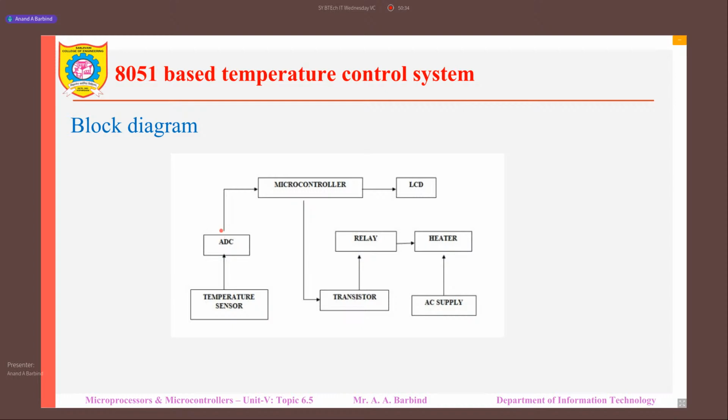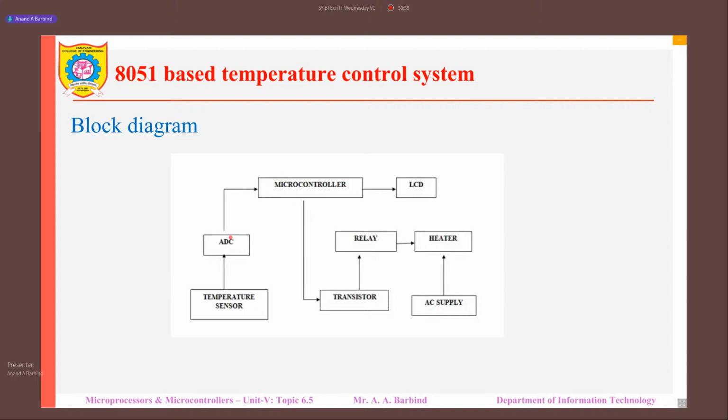So the temperature is converted into digital data, for example, 00H corresponding to 0 degrees Celsius, and FFH corresponding to 100 degrees Celsius. That is given to the microcontroller. You can use any port of the microcontroller to interface this ADC.